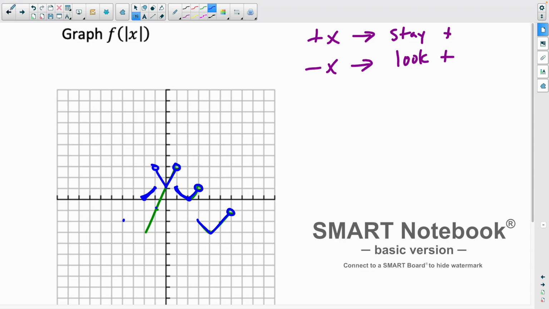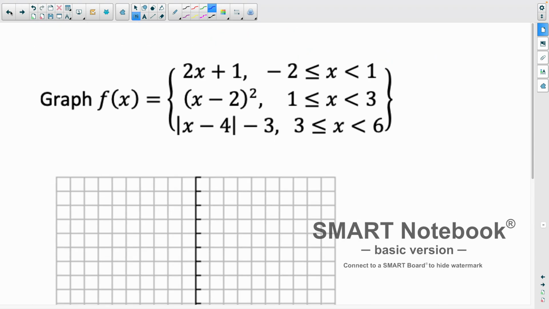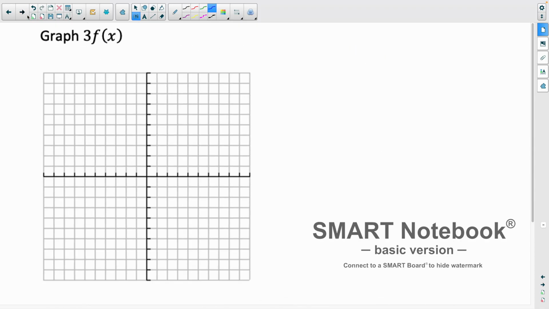Why not? Well, the reason I did not goes all the way back to the very beginning. What's our domain? -2 to 6, correct? So do you have a -3 to reflect? You don't have it. It stops at -2, correct? So I don't have a -2. I can't really reflect it. So I don't have anything to put in. So that's why I would stop this here.